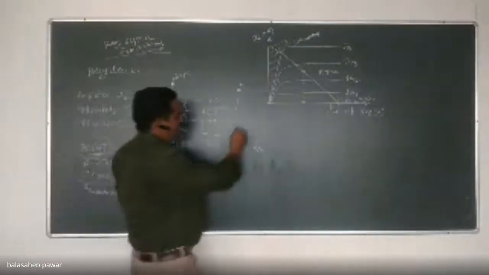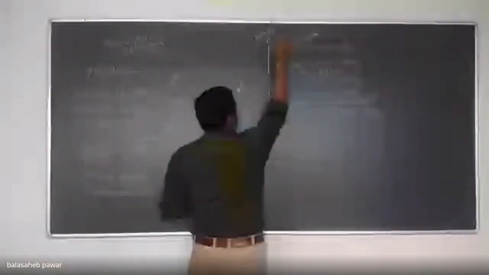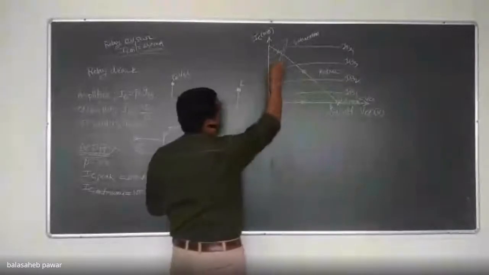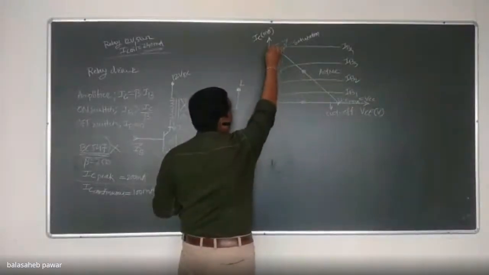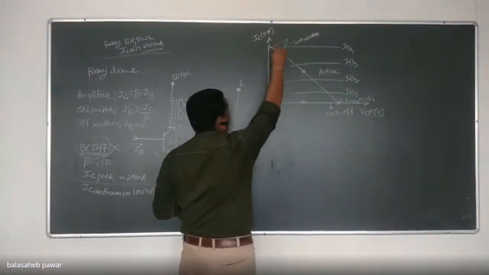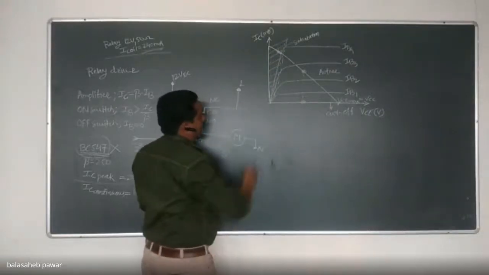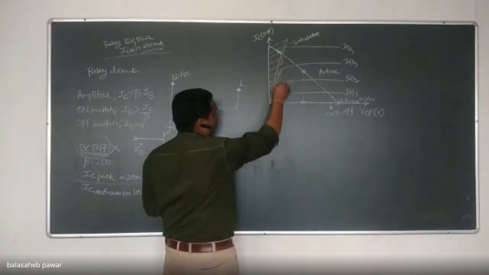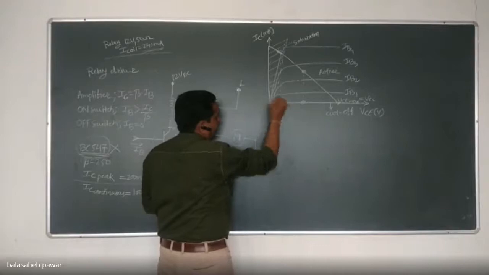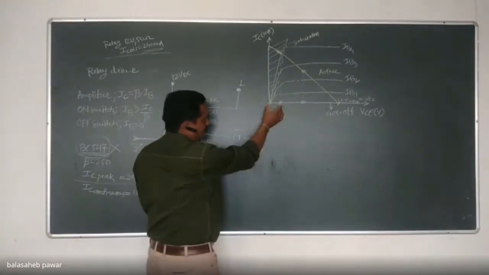And that is the purpose why I showed this output characteristic. So see, if you observe, if that transistor is operated in the saturation region, that means over here on that DC load line, the respective output voltage, that is VCE, is very, very small. It is closer to 0 volts, correct?